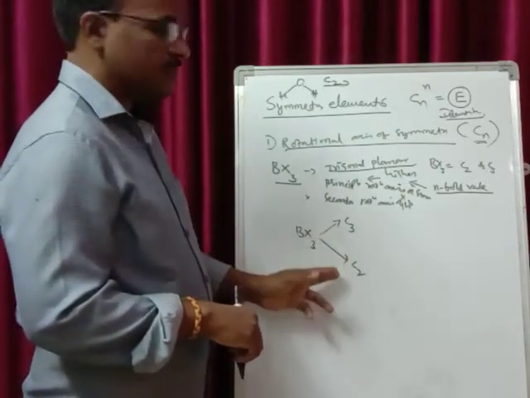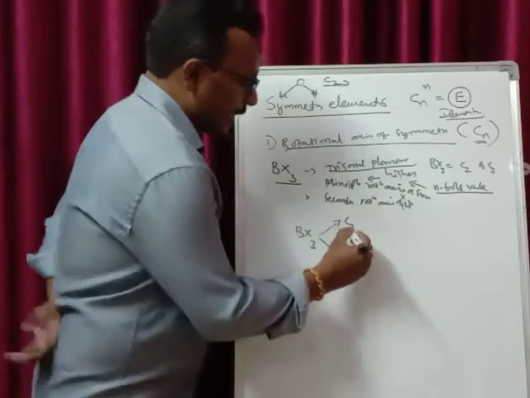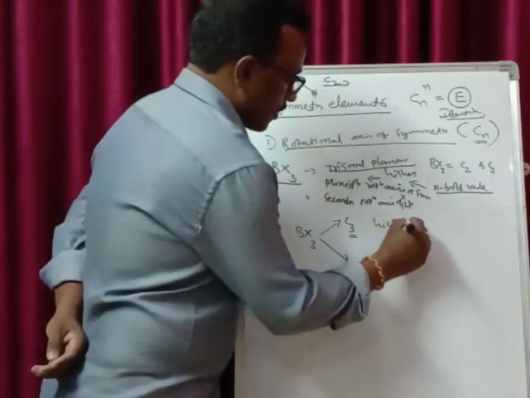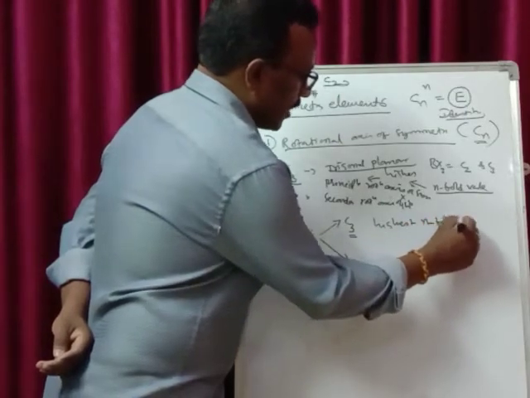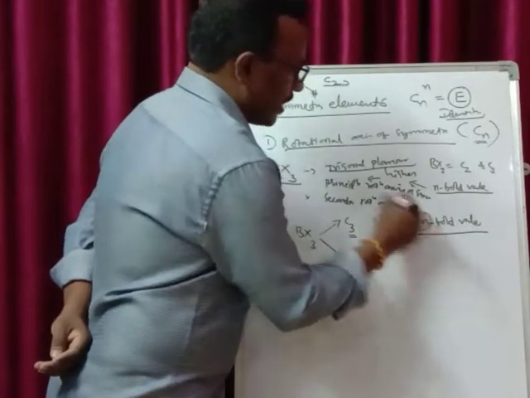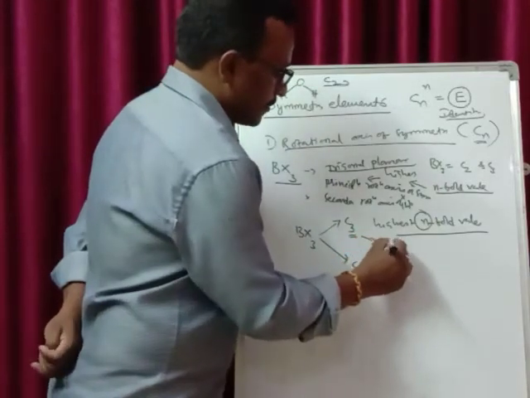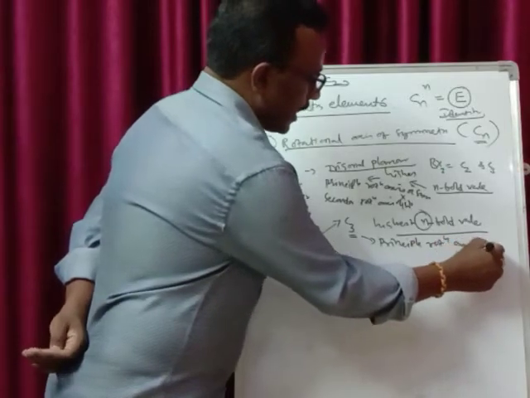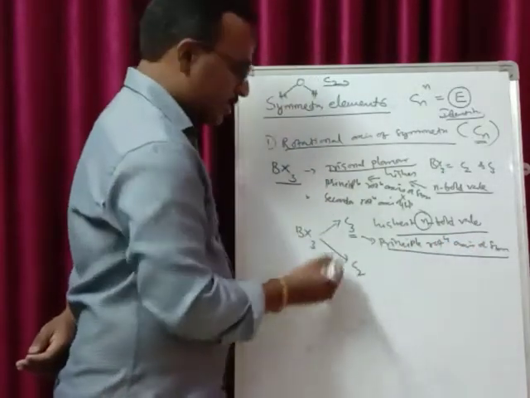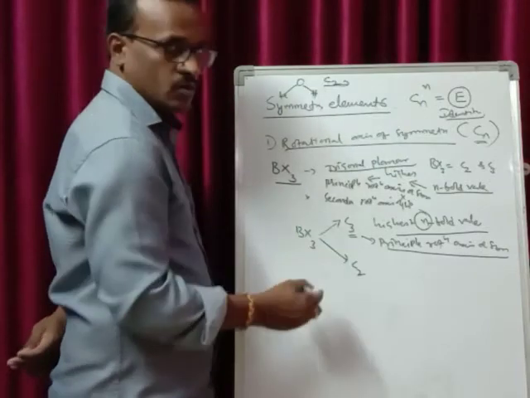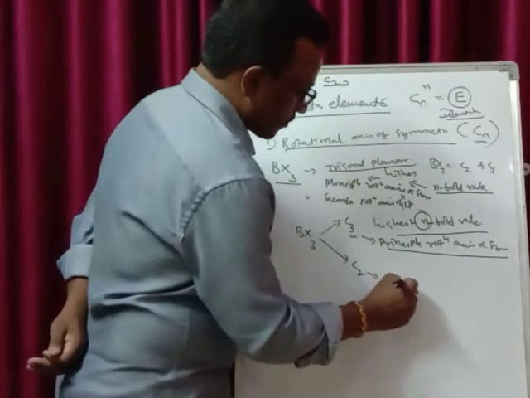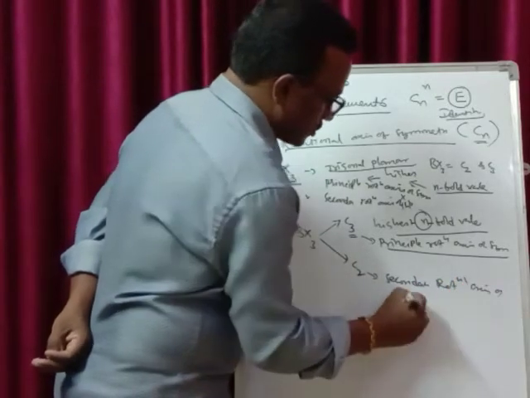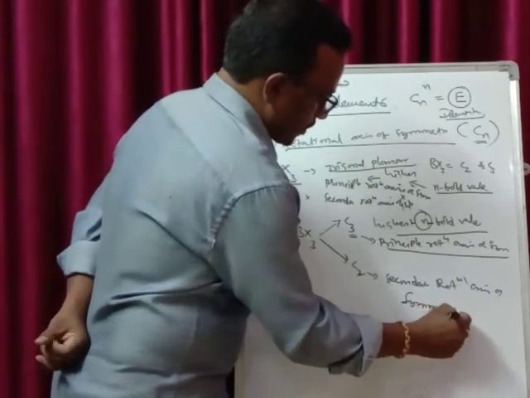Among these, the rotational axis of symmetry with the highest n-fold value, the highest n value, will become what? Principal rotational axis of symmetry. And the rest, here in this case C2, will become what? Secondary rotational axis of symmetry.